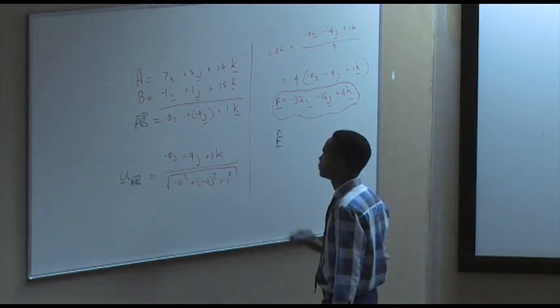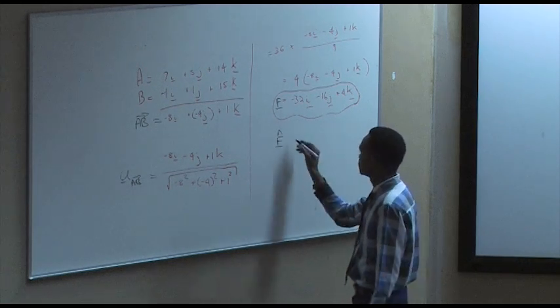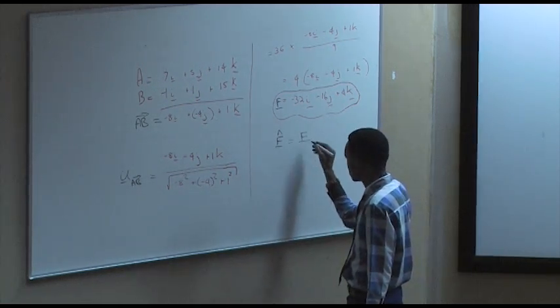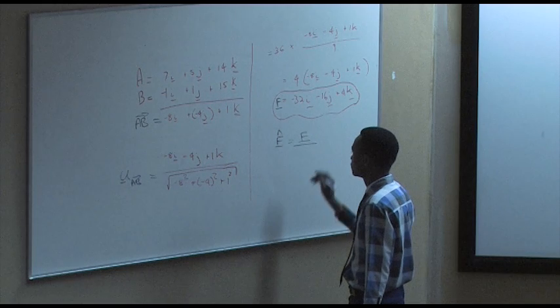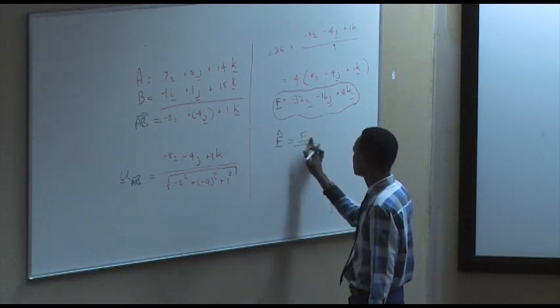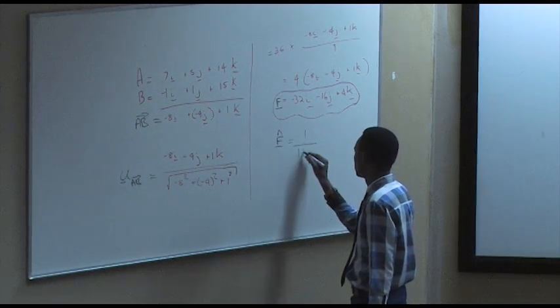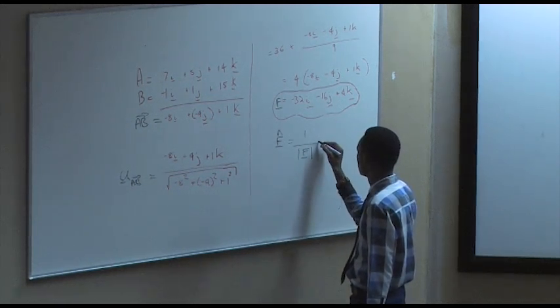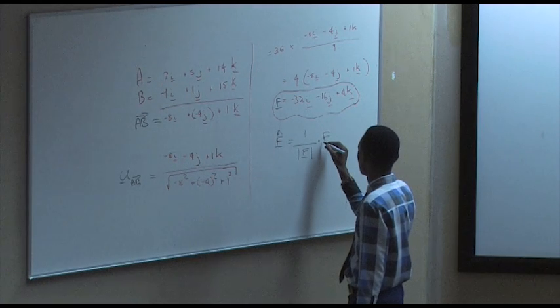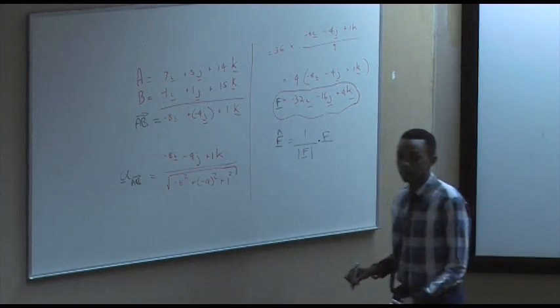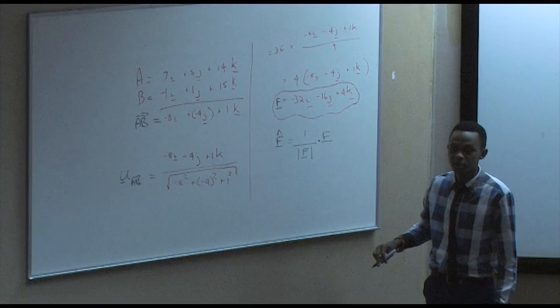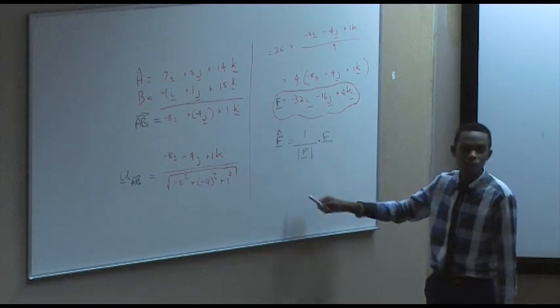The unit vector of a force is the force over... let's write it so that you guys will not get confused. It's the force itself divided by its magnitude.